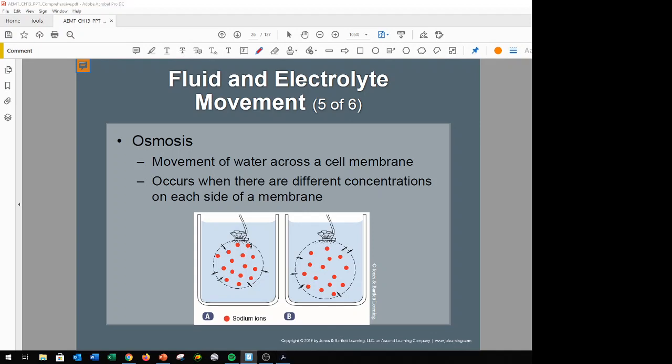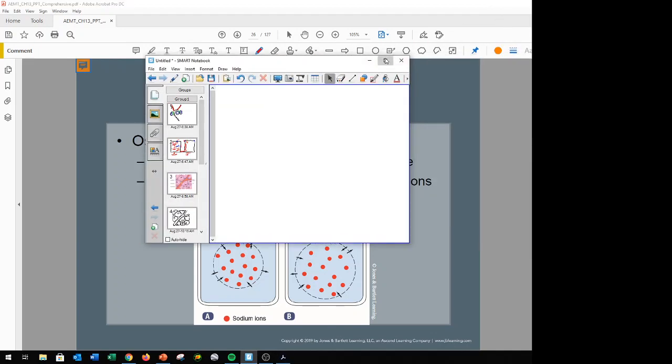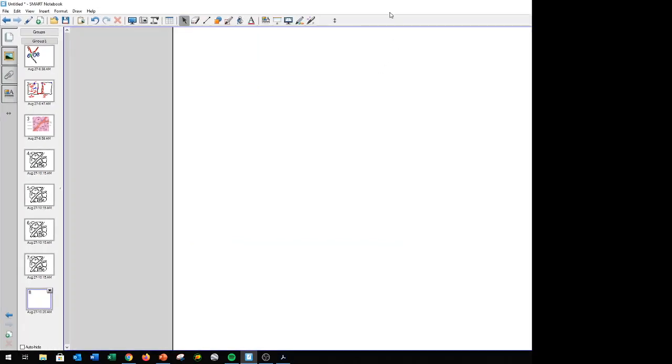So let me draw it out. There's your cell. Let's draw a little cell membrane here.